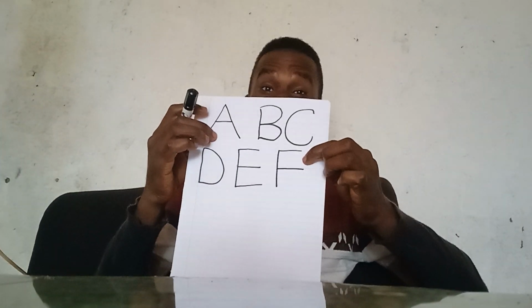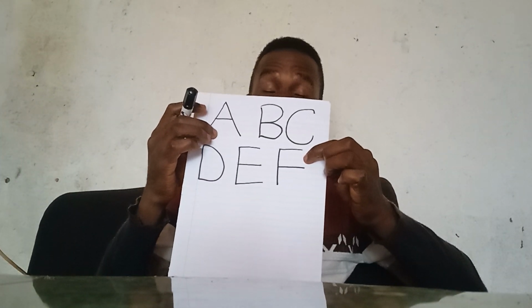Okay, now let's come to alphabet F. Now, alphabet F. I'm done. Are you done? Let's show each other. This is my alphabet F. Now let's come to alphabet G. Can you write it?